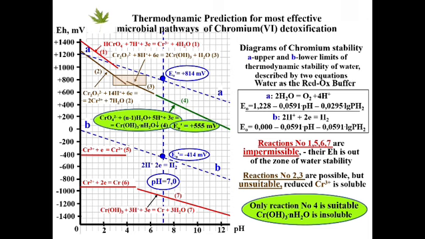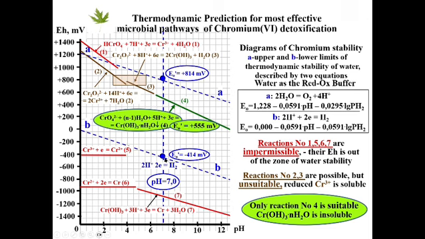Next problem. Detoxification of toxic soluble chromium-6 compounds. We analyzed more than 100 reactions with chromium compounds, and only one reaction was suitable for microbial detoxification. It is based on the reduction of chromium-6 compounds to insoluble chromium-3 hydroxide.